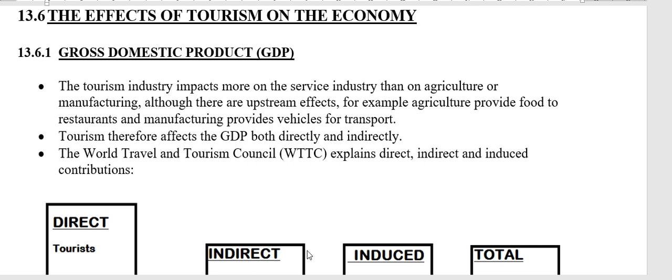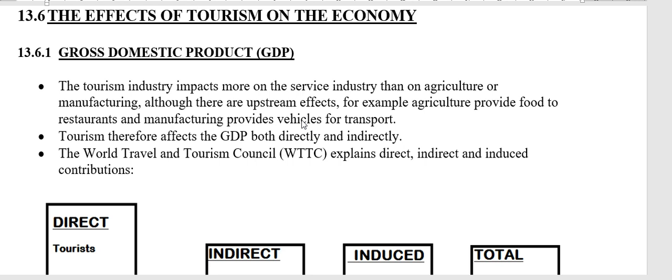Now, think back to one of the previous lessons where I said that the tourist industry is basically service-based. It is a service industry. So obviously the tourist industry is going to impact more on the service industry than, for example, agricultural manufacturing. But we did say that tourism is a very wide activity.